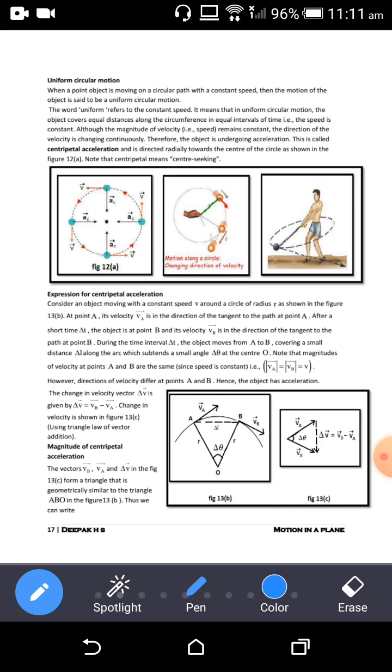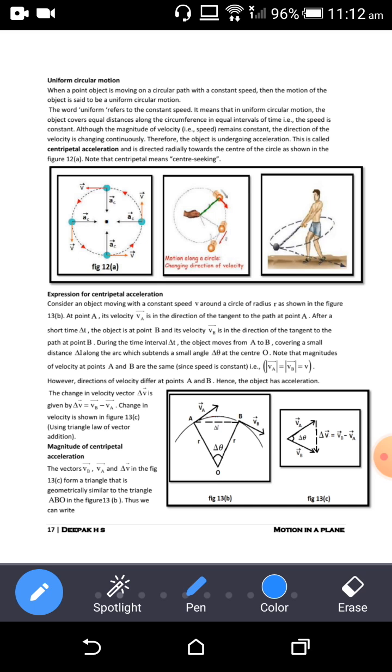The next topic is uniform circular motion. I think you have come across uniform circular motion, centripetal acceleration and all in your lower classes itself. Anyhow, let us go through what we mean by uniform circular motion.